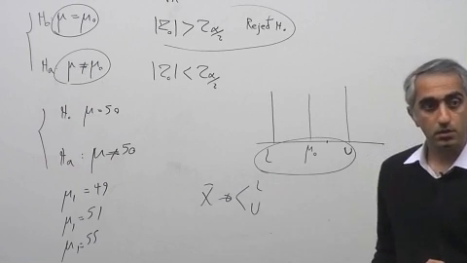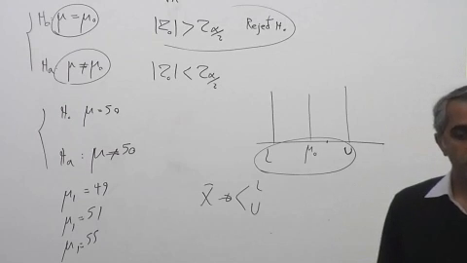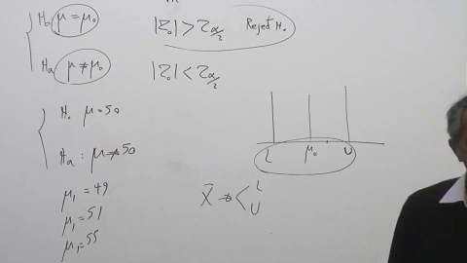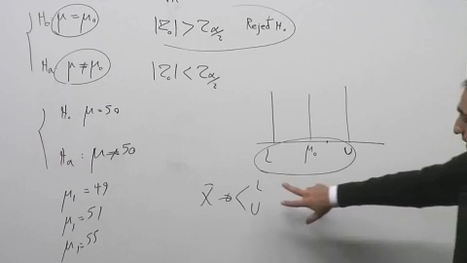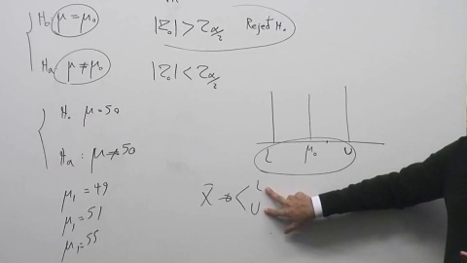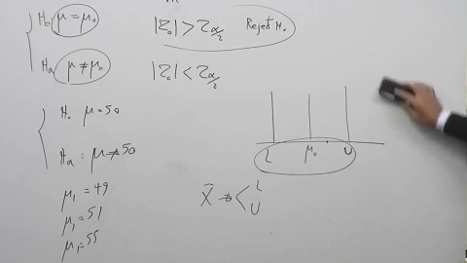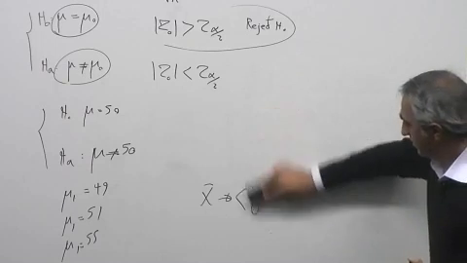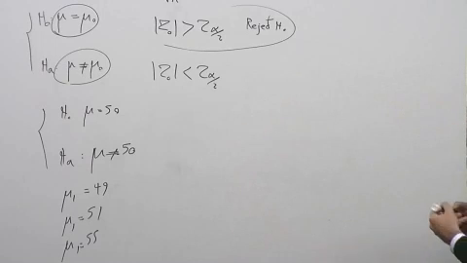We are rejecting if mu0 is between L and U, okay? We are basically rejecting that hypothesis test. We are not talking about mu1. Let me explain clearly.